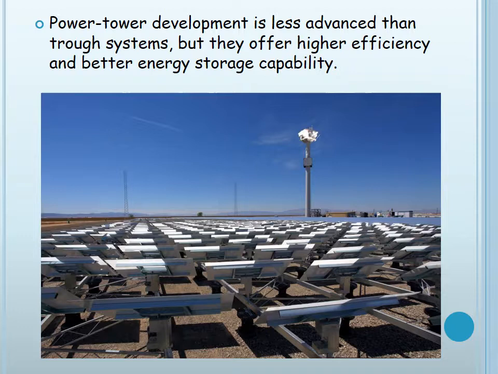As you can see, this is an image of a solar power tower with a lot of heliostats around it. This is one of the plants installed in California. This one is near Nevada, near Las Vegas. This is also a huge plant.